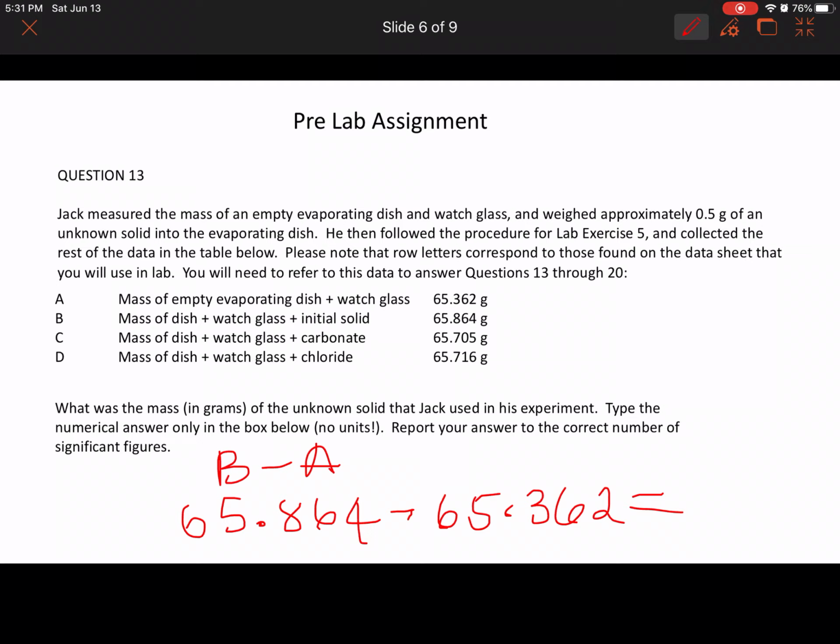In a subtraction, you go by the least number of decimal places. 864 minus 0.362, that's 0.502. You get 0.502 grams, and when you are entering it, don't enter the grams.